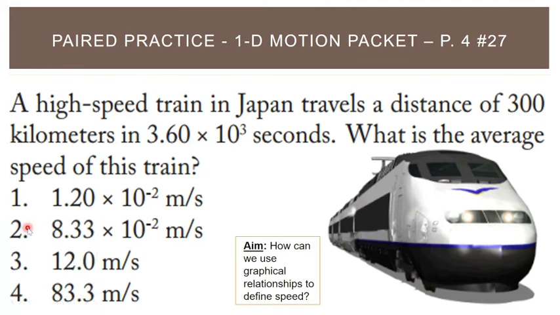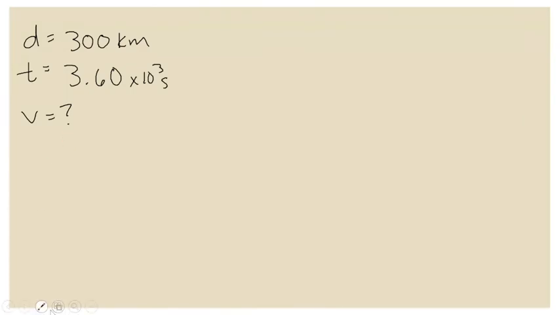Notice all of the answer choices are given in meters per second, not kilometers. So you have to convert kilometers to meters before you can do this problem. That's why I showed you how to do that already. So remember, when we're just going to meters, we don't need to go nuts.